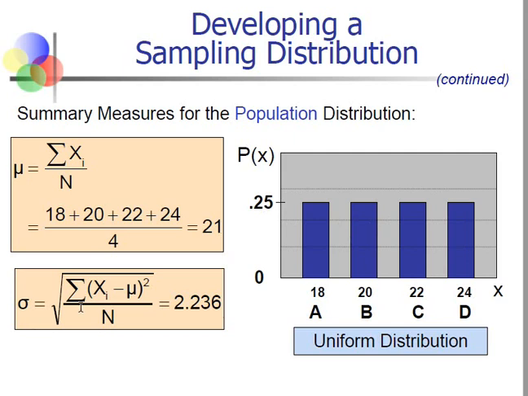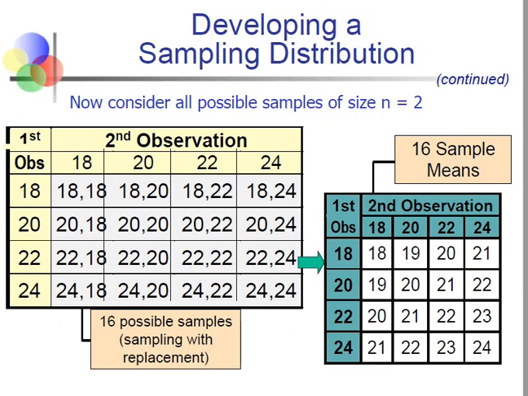Now, can we obtain the same if we decide to choose a sample? Suppose we want a sample size of 2. What observations do we get? We can pick one who is 18 and another who is 18, 18 and 20, 18 and 22, 18 and 24, and you go on.